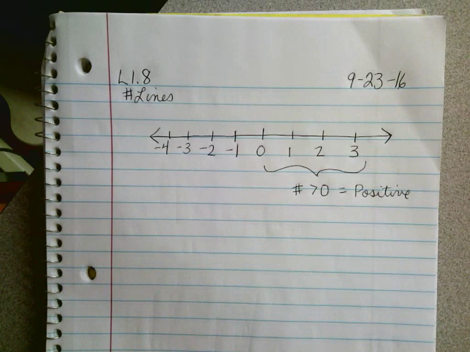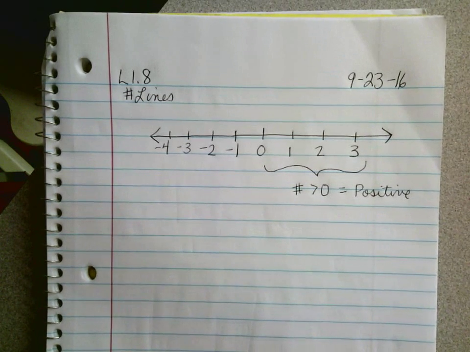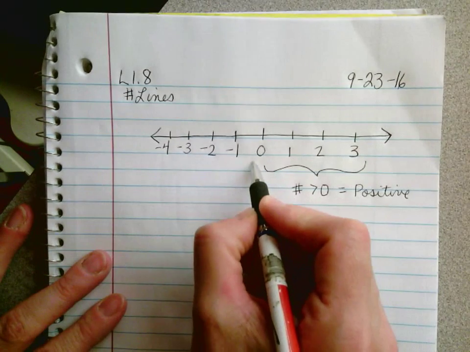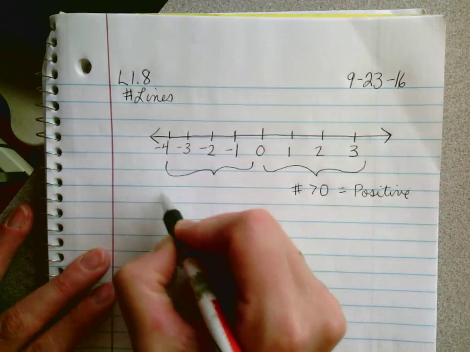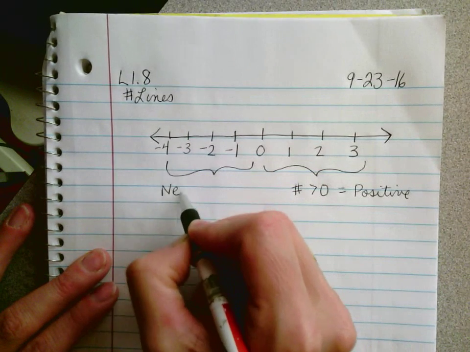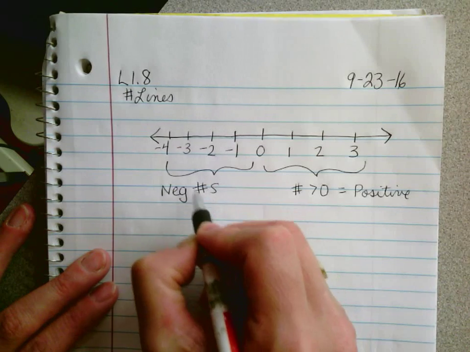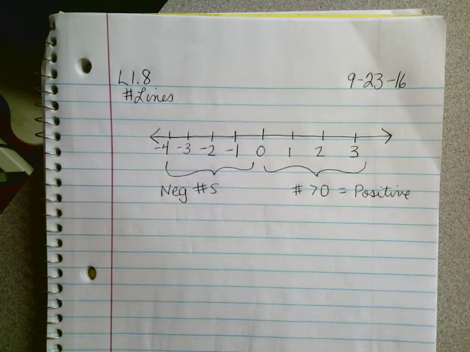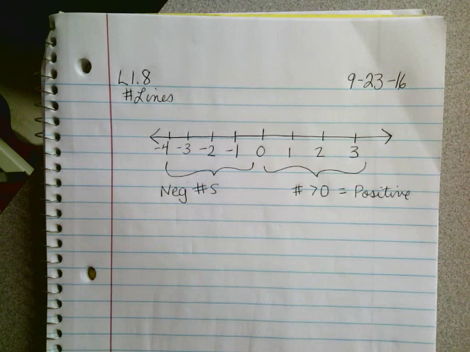You have 1 apple, you have 6 apples. When you have a positive number, it is an object that's visible. To the left are negatives, right? Negative numbers. Okay, so we've got positives on the right, negatives on the left.